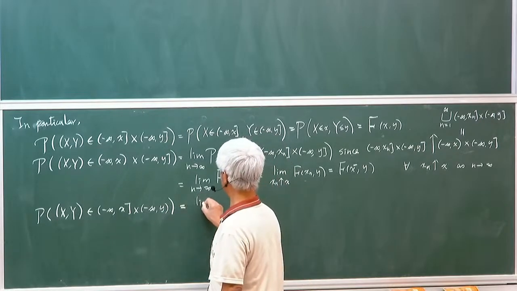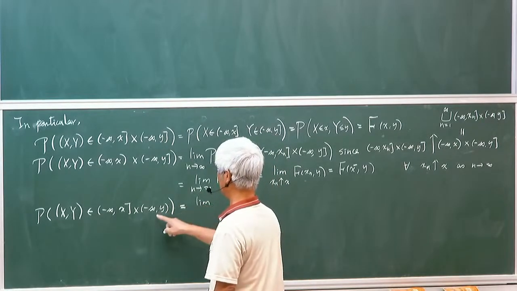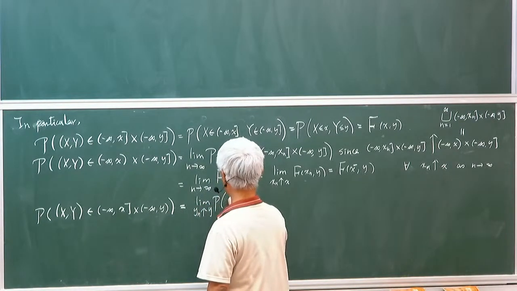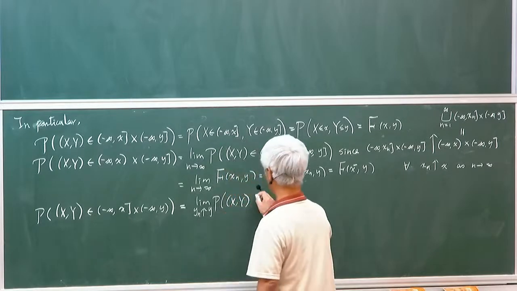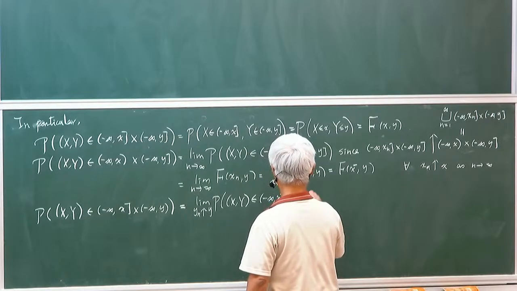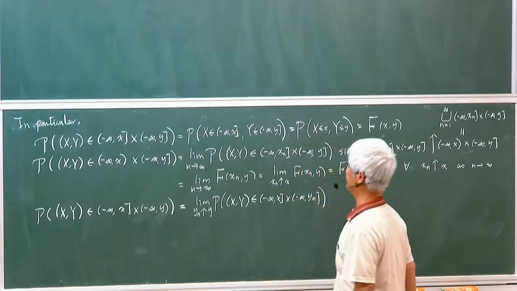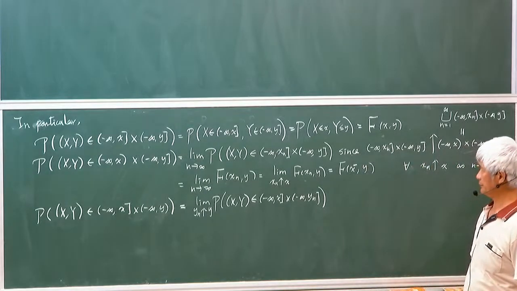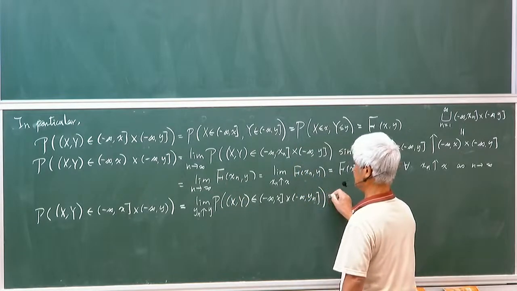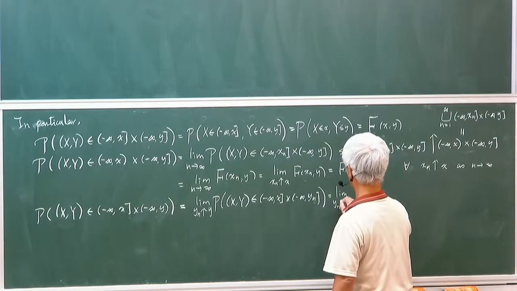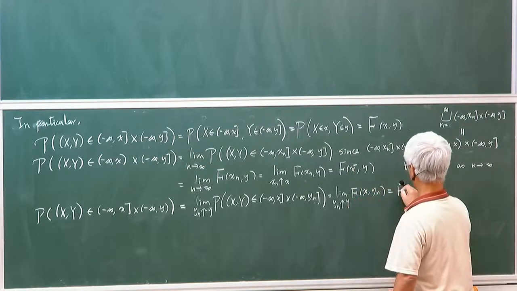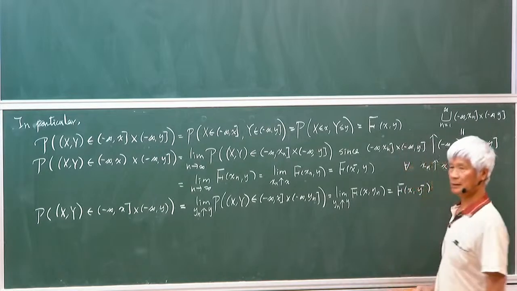Again we can select a sequence y_n going up to y, so this is the limit as y_n goes up to y of F of x and y_n. So this is F of x and y minus.